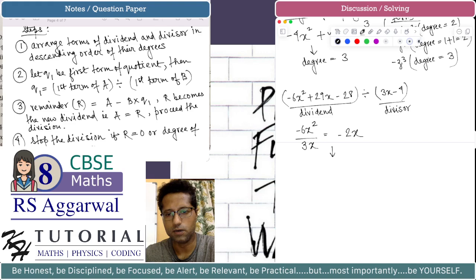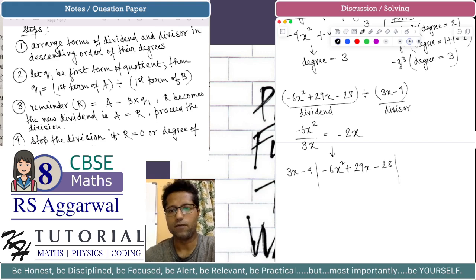Now if we do the long division method, we have the dividend minus 6x square plus 29x minus 28. We have found that the first term of the quotient is minus 2x. How do we know it is minus 2x? By dividing the first term of the dividend, minus 6x square, by the first term of the divisor, that is 3x.